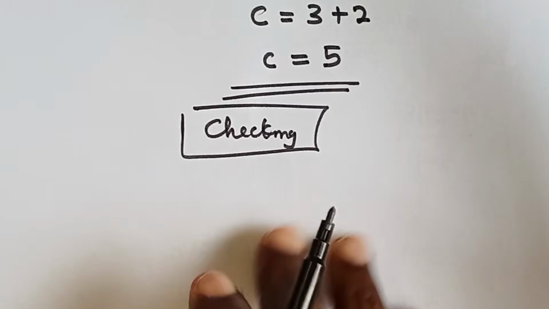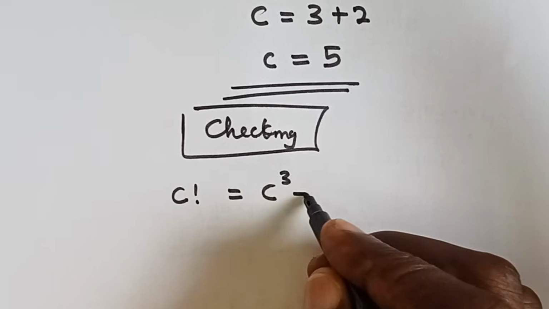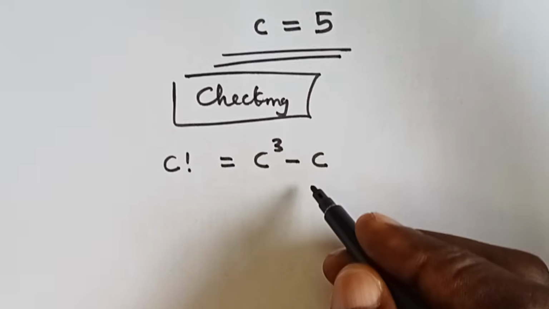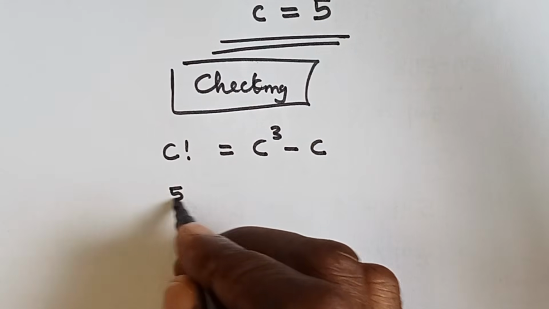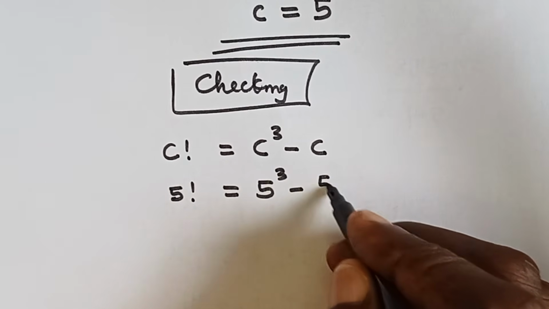All right, so we have c factorial equals c cubed minus c, and we said our c is 5, so we have 5 factorial equals 5 cubed minus 5.